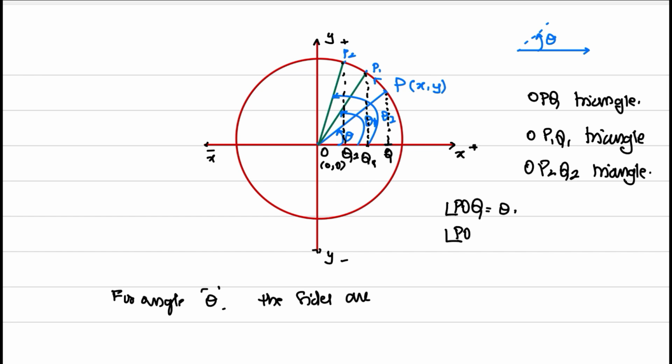Angle P1OQ1 is equal to theta 1. Angle P2OQ2 is equal to theta 2. Here the angle is changing. When the angle is changing, the sides are also changing. For angle theta, the sides are OP and OQ.